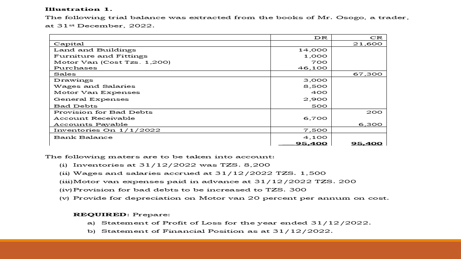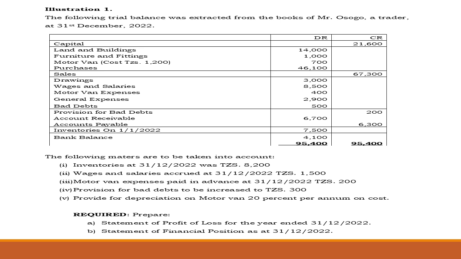Purchases 46,100, sales 67,300, drawings 3,000, wages and salary 8,500, motor van expenses 400, general expenses 2,900, bad debts 500, provision for bad debts 200, accounts receivable 60,700, accounts payable 6,300, opening inventory 7,500, and the bank balance is 4,100.